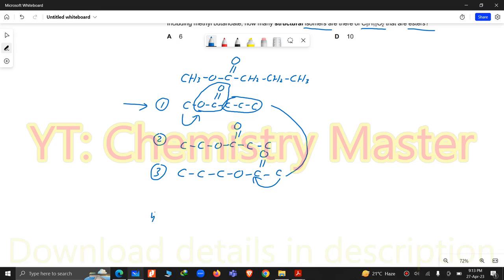So this will become the fourth isomer. I'm writing the first isomer again, but with some modification. This is carbon, oxygen, carbon with carbonyl group, and this carbon will be bonded with a carbon in the form of a branch. So this is giving me a modified version of the first isomer. This will become the fourth isomer.